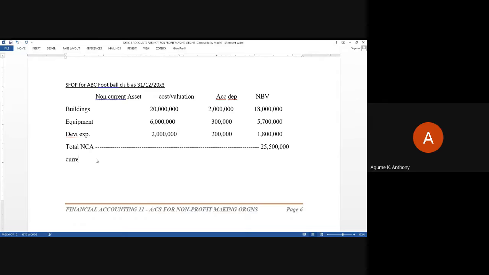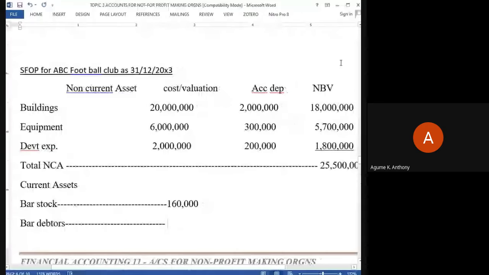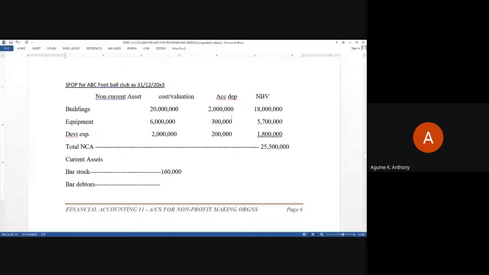Then you got your current assets. Among the current assets, you have bar stock, bar debtors is 340. Then you have bank.